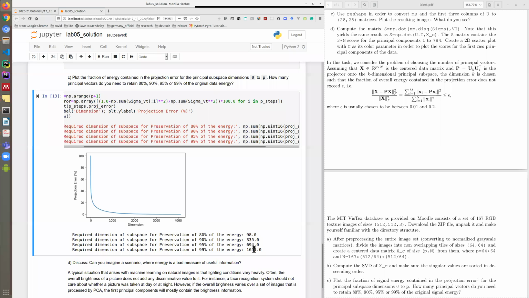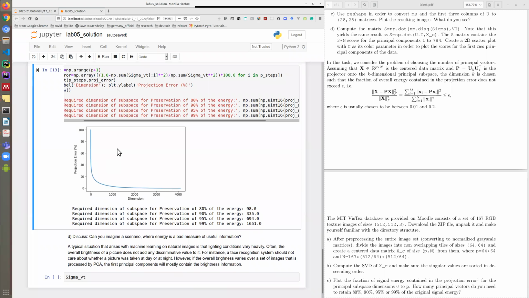So it is still quite less compared to the actual number of dimensions in X, and that too with preservation of 99% of the signal energy. This is how we can achieve dimensionality reduction using PCA.